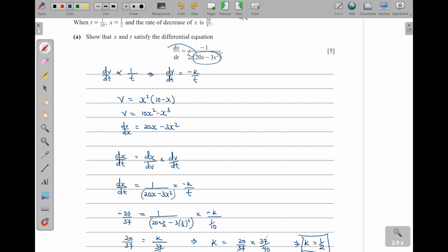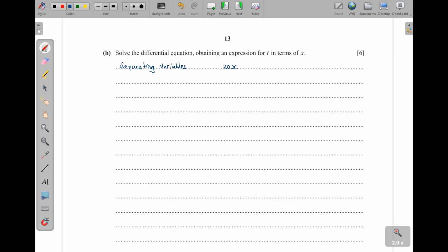Okay, so I'm going to have 20 of x, then minus 3x squared. This one is multiplying with the dx, and then this way we have negative 1 over 2t multiplying with the dt. Okay, now we can integrate both sides. Separating variables carries a mark. Okay, integrating, what does it give us?